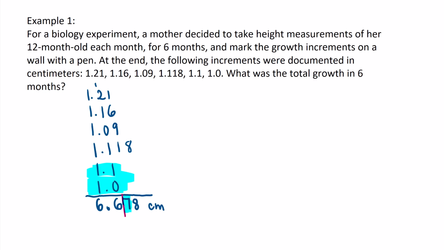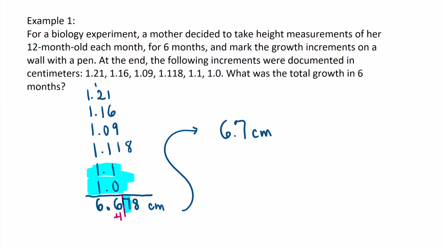So since 7 is 5 or greater, we add 1 to the 6. If it was less than 5 in that second decimal place, we would just stop at 6.6 and not change it. We wouldn't subtract from it. That would be wrong. So our final answer is 6.7 centimeters.